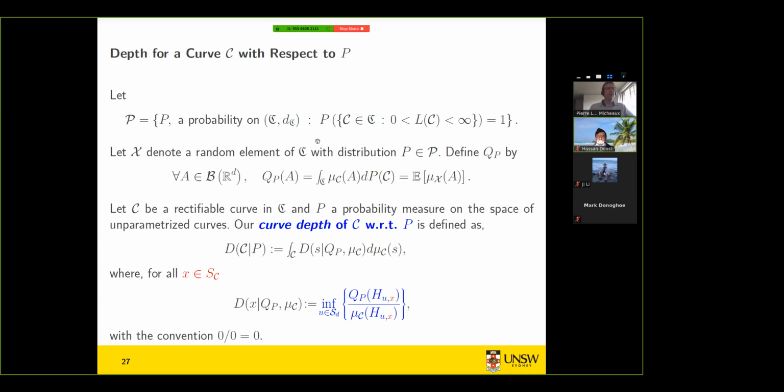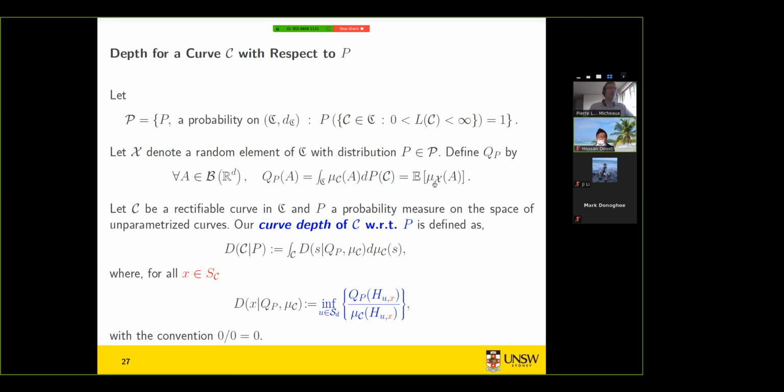And here I denote by key a random element on this space with distribution P. A random variable is just an object that produces real values. Here, this random element does not produce real values, it produces unparameterized curves, and the probability to produce these curves is defined by P. And so now we define the QP of A by this formula. It's just the expected value of mu key of A.